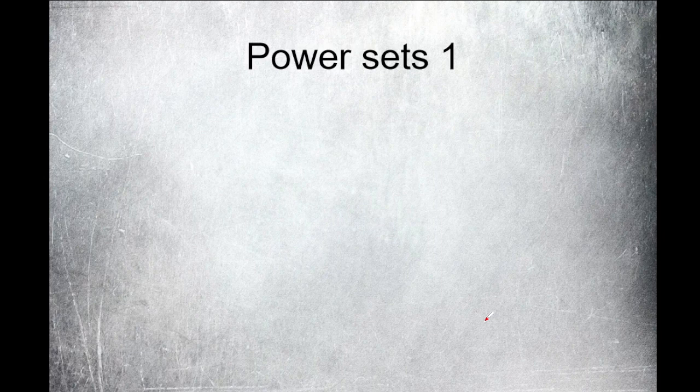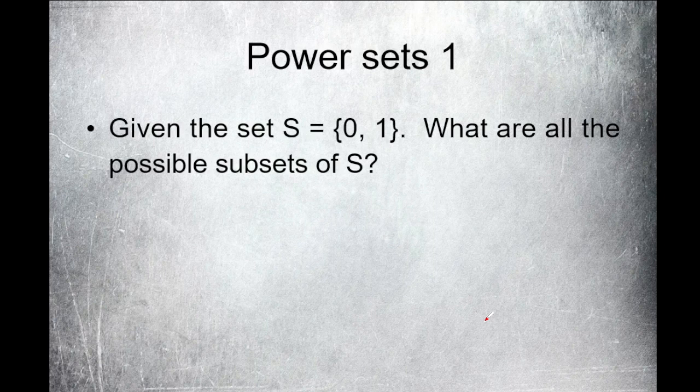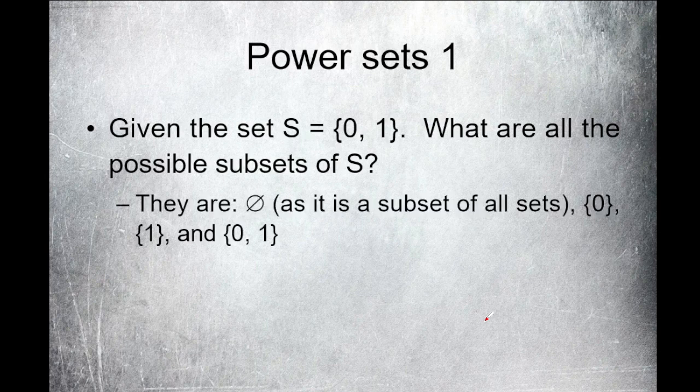So let's see another type of set which is called the power set. Now basically with the name you can say that it is something special. So here suppose I am having a set S which is equal to 0 and 1, what will be the possible subsets of this particular set? How many subsets can we create? As you know, the null set is always a subset of every other set.